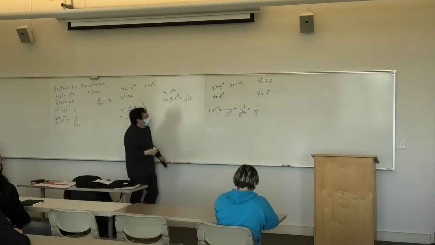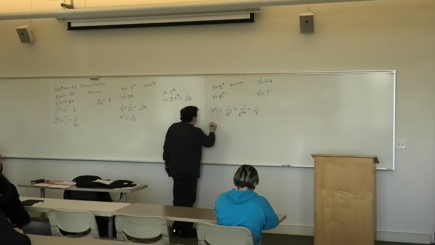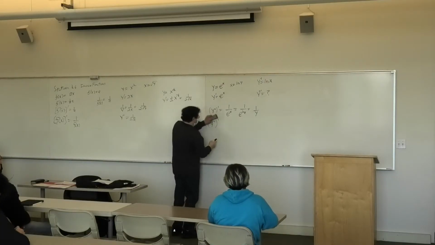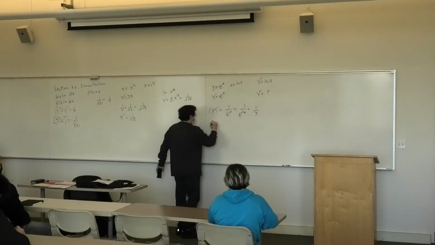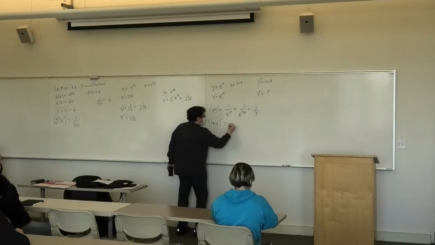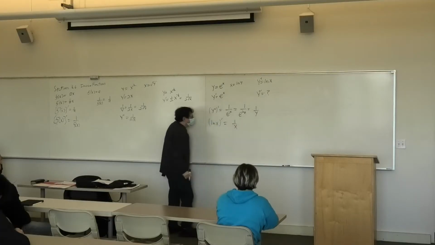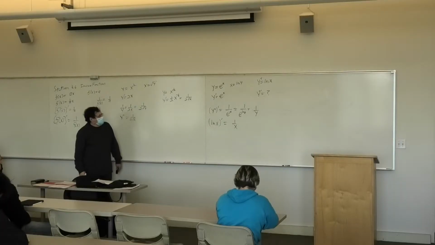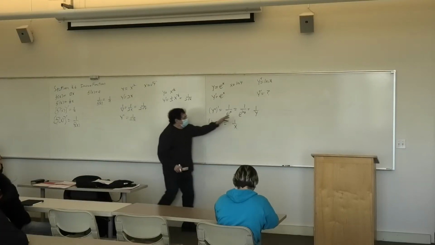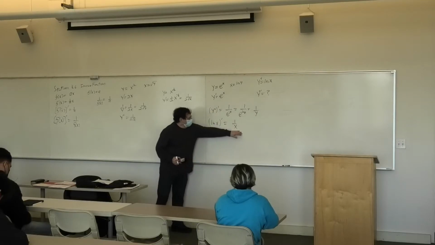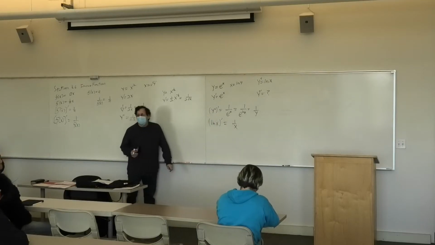Or writing it the way we would normally write it, the derivative of the log of x is 1 over x. I hope I'm not confusing this. I always have trouble too because we're switching x and y when we go to the inverse. But that's our result.